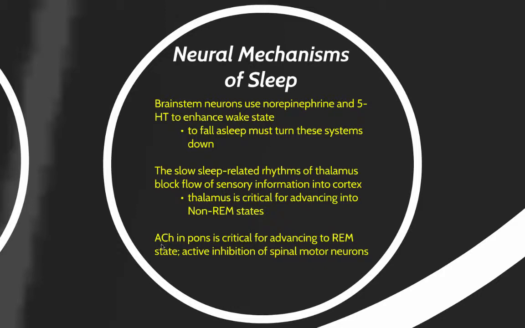Whereas acetylcholine in the pons is critical for inhibiting spinal motor neurons, allowing for the sleep atonia, the sleep paralysis that allows for our body to be asleep and immobile during REM sleep.